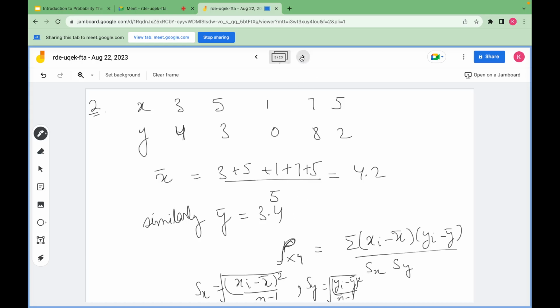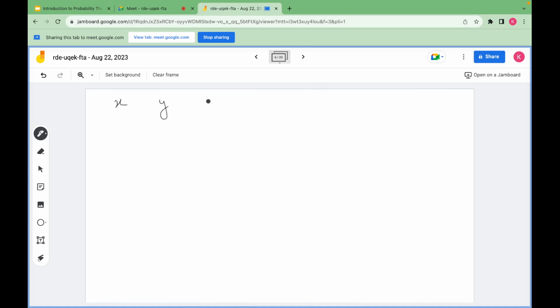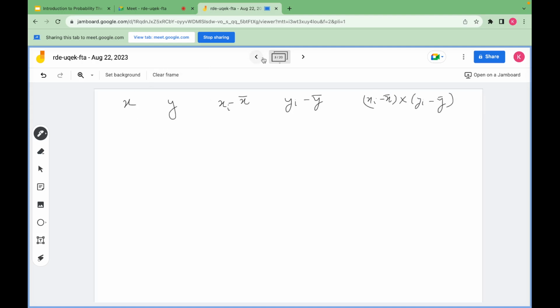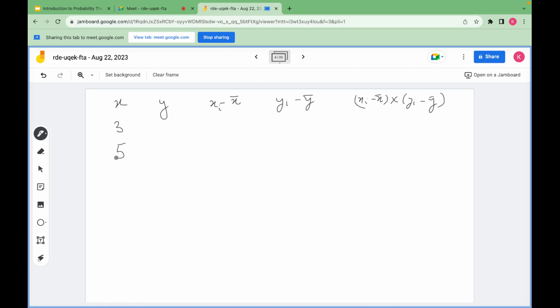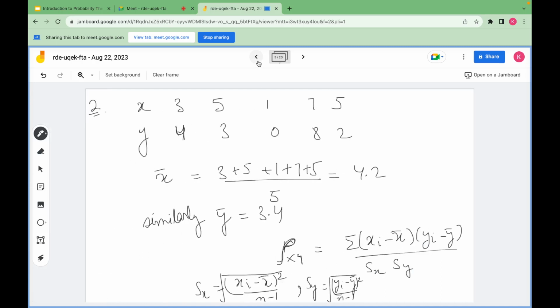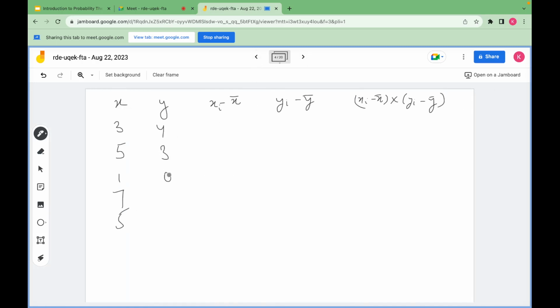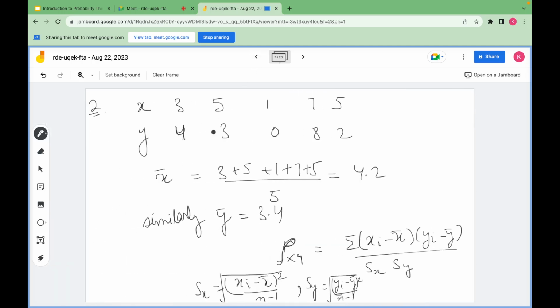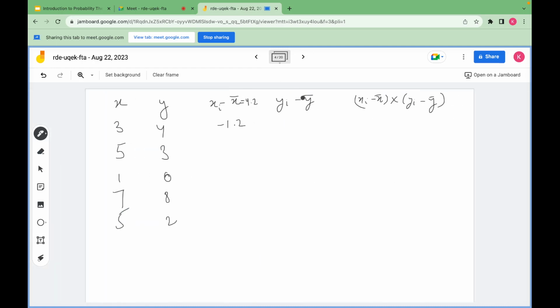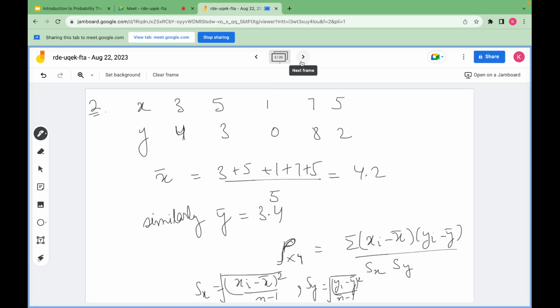So we will make a table with x and y. Xi minus x bar, where x bar is equal to 4.2, and y bar is 3.4.